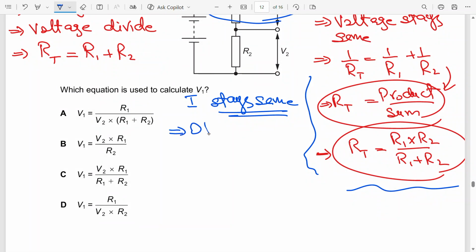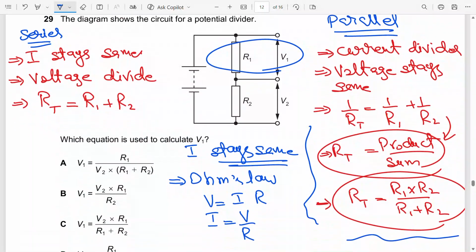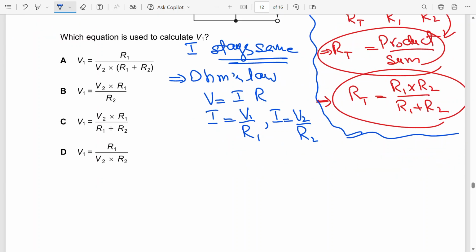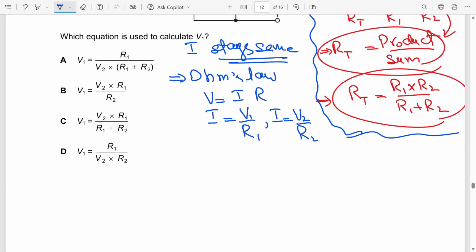According to Ohm's law, V equals IR and I equals V divided by R. So for the first resistor, I equals V1 over R1, and for the second resistor, I equals V2 divided by R2. Sir has told us that in both the resistances current will stay the same. Then you will equate them, since the left hand sides are the same, the right hand sides will be equal. V1 over R1 equals V2 over R2.